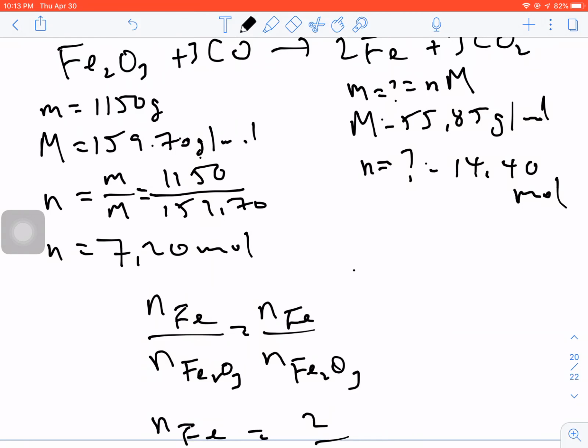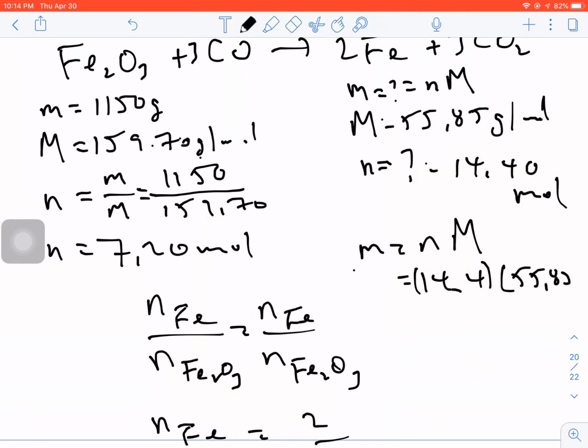And now I can calculate my mass because I know little n and big M. Mass is equal to number of moles times molar mass. Number of moles is 14.40 times the molar mass of 55.85. And I'm getting 804 grams.